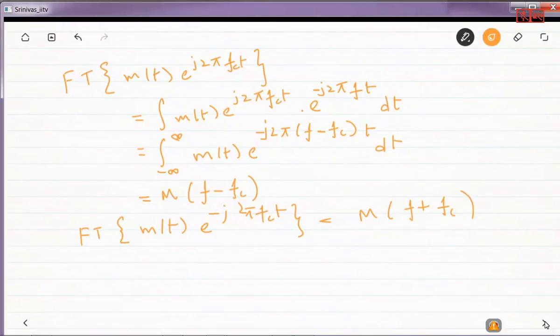So what we understand is that by multiplying a signal m of t with Ac cos 2 pi fct, we shift its Fourier transform to be centered at fc and minus fc. That's it. So let's do this pictorially.